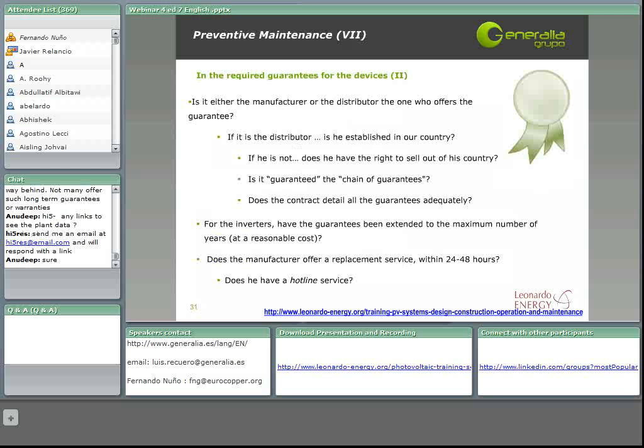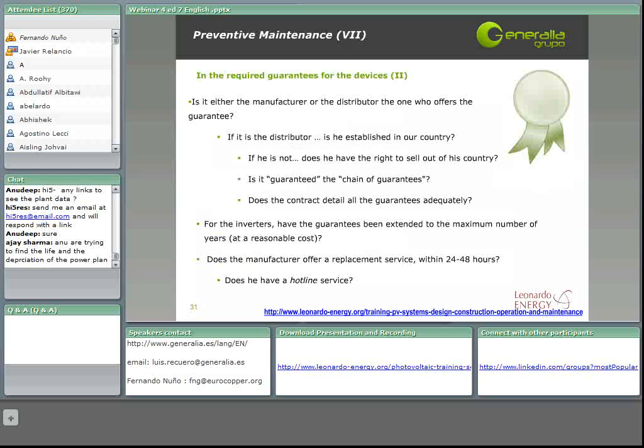To end with the modules, it is important to know whether the manufacturer or the distributor is the one who offers us the guarantee. In the case that the distributor is offering us the guarantee, it is important to select a distributor who is installed in our country.